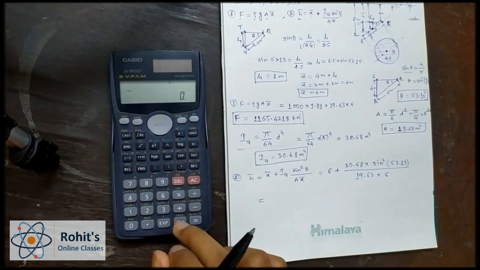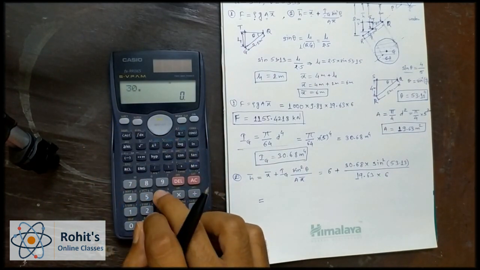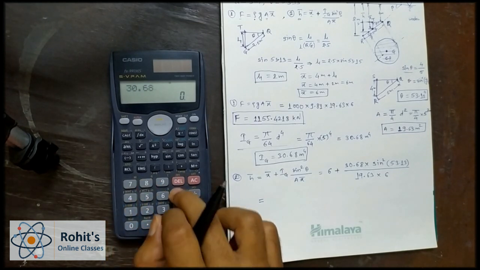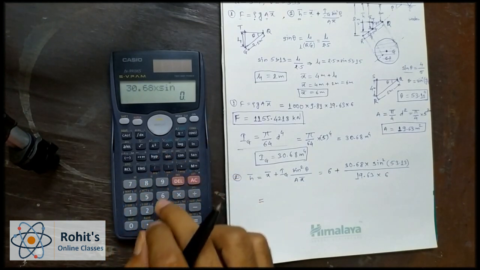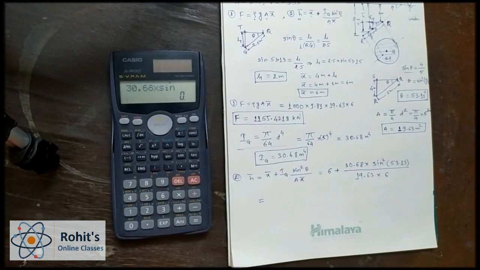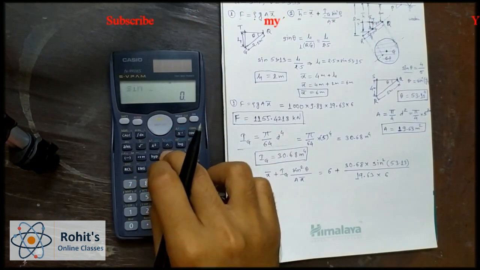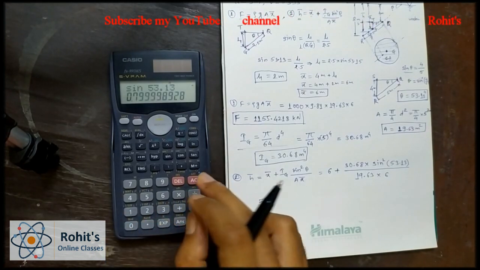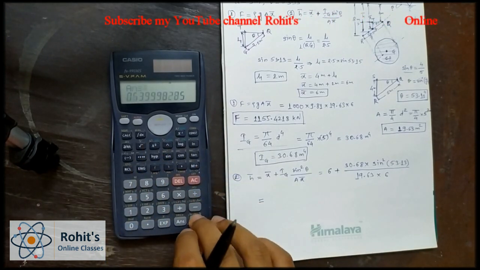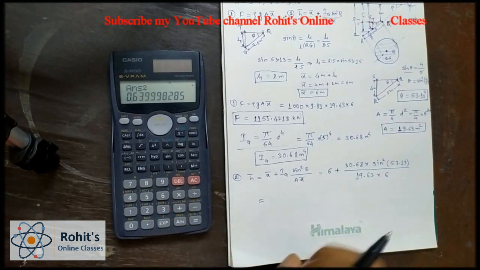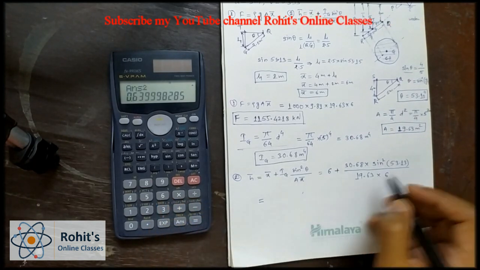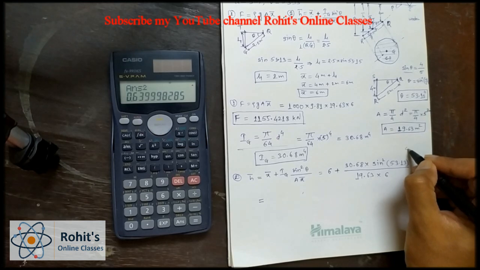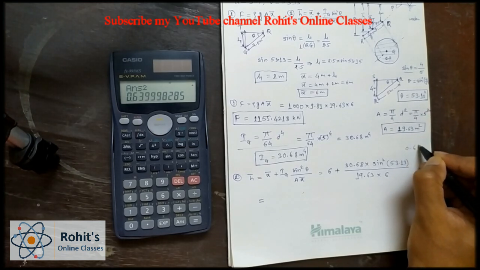Instead of sine square of theta, directly we can find sine of 53.13 and square this term, so it is 0.64.